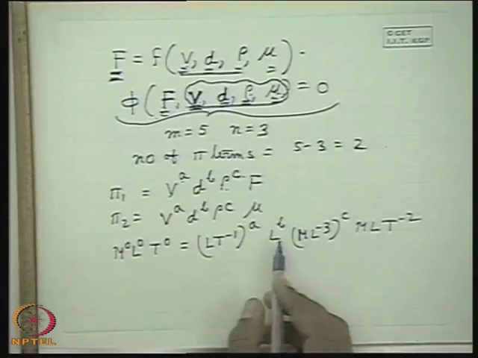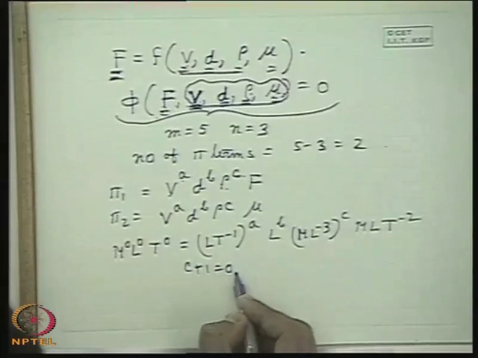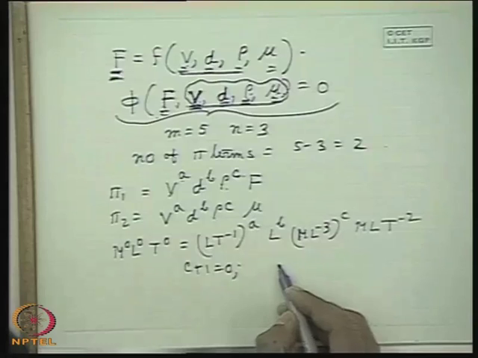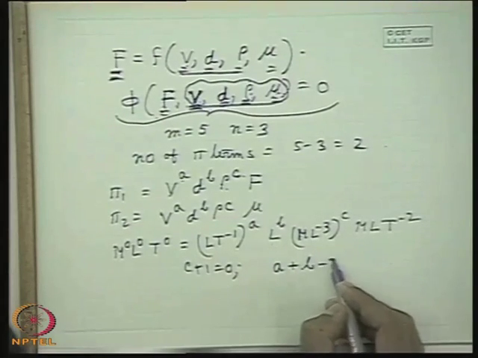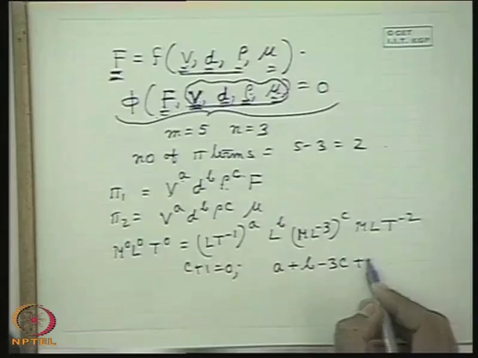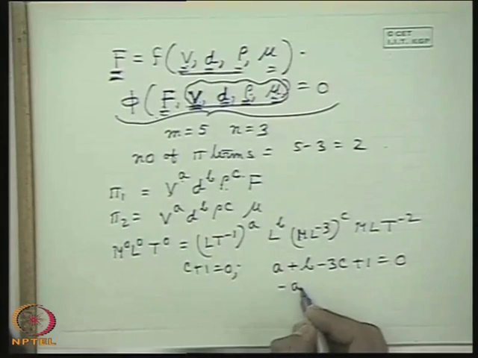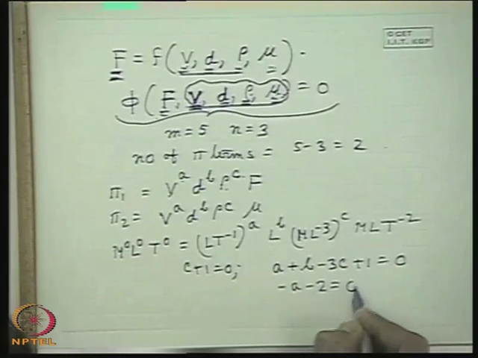So if we equate, for M you get C plus 1 is equal to 0; for L, A plus B minus 3C plus 1 is equal to 0; and for T, minus A minus 2 is equal to 0.